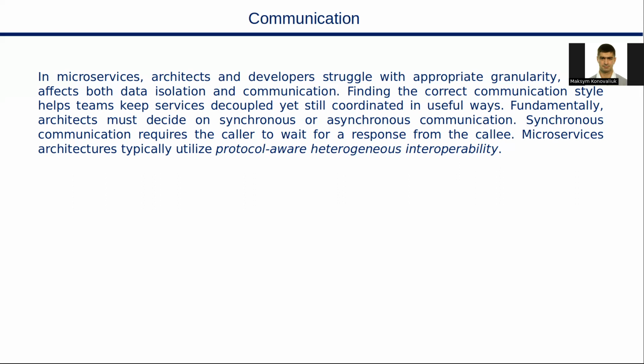Protocol-aware means that because microservices usually don't include a centralized integration hub, to avoid operational coupling, each service should know how to call another service, and most implementations use REST. Heterogeneous means that because microservices are a distributed architecture, each service may be written in a different technology stack.